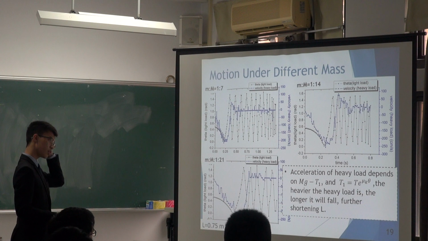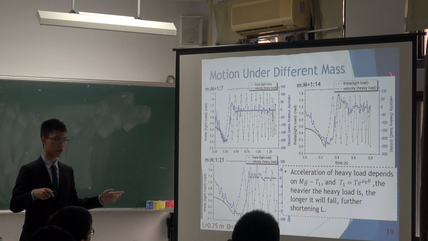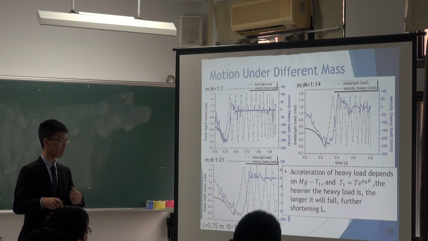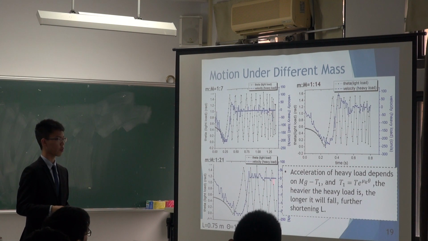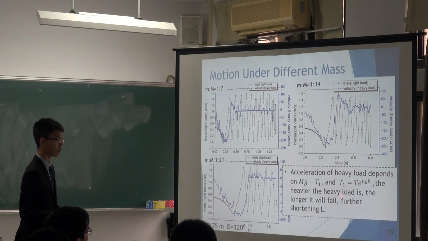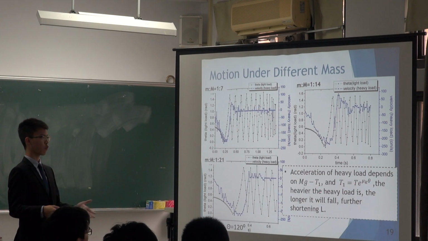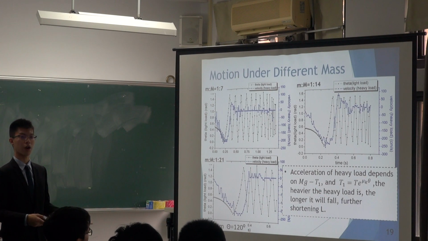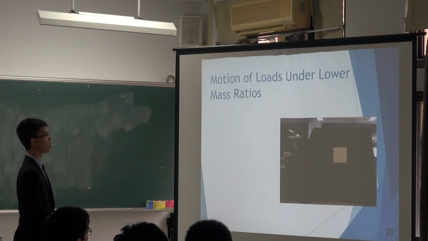And from our previous analysis of the acceleration of the heavy load, depending on the gravitational force mg and the tension, we could tell that the heavy load will fall further, which is our previous prediction.